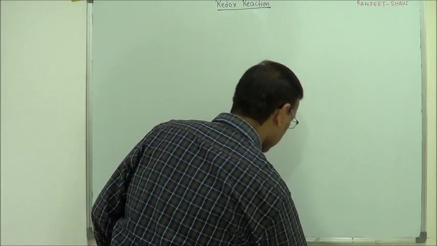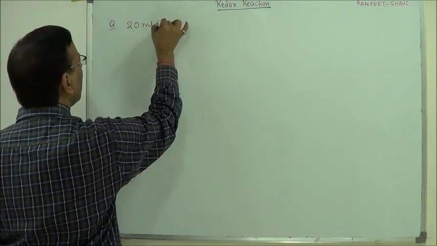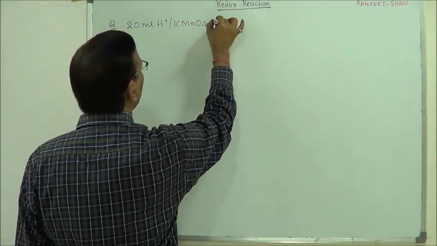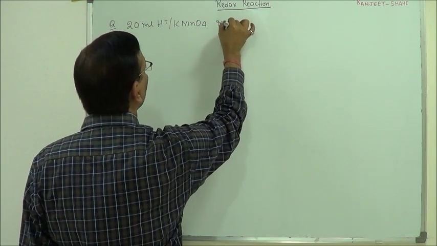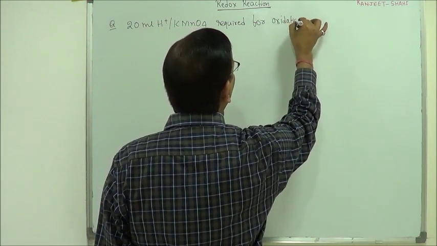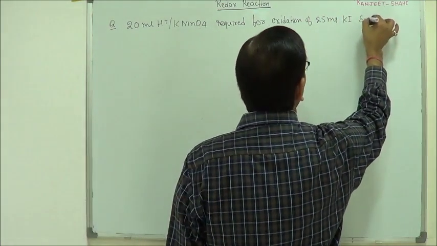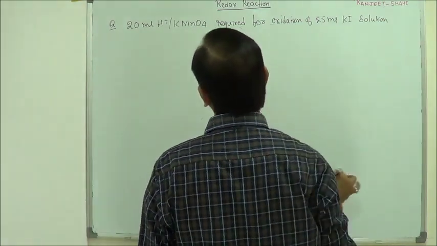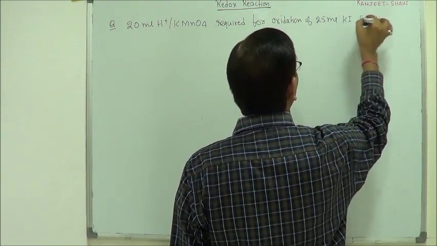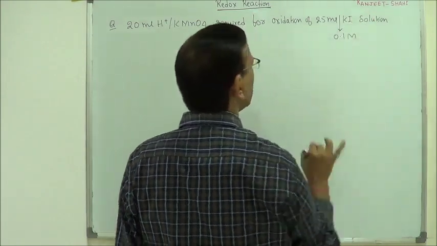A situation is given in which 20 ml of acidic KMnO4 solution is required for oxidation of 25 ml of a 0.1 molar KI solution.